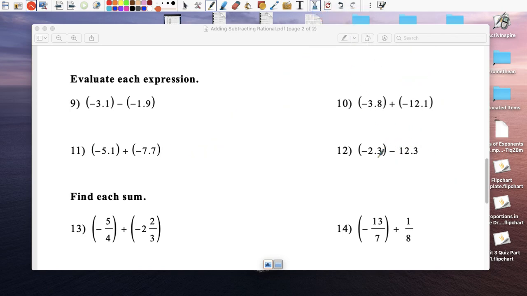Now, if you didn't change this, think about what you have. You're in debt. You owe $2.30. That's your current balance. And then somebody's going to come and subtract $12.30 from you. So you're in debt, but you had it. I don't know, you had $12.30 hidden under your bed or your sofa or between the books, and they find that and they take that away from you.